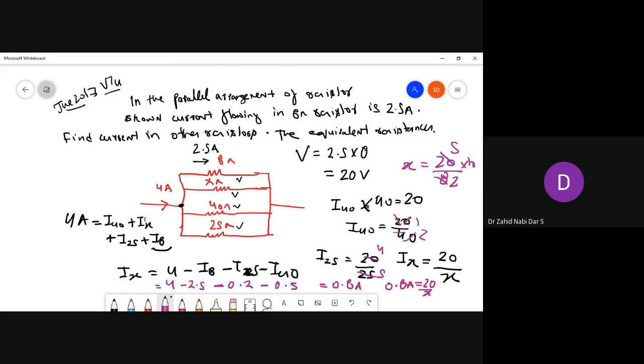Ix is equal to 4 minus 2.5 minus 0.5 and minus 0.8. Okay, so this will become, yeah, correct. Wait 1 second.